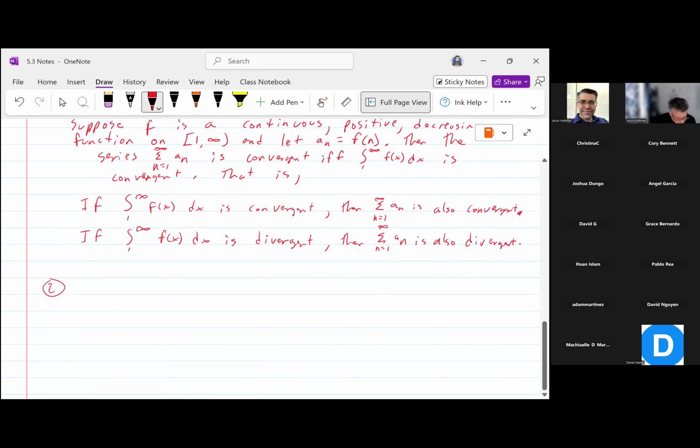Okay, number 2. Test the series n equals 1 to infinity of 1 over n squared plus 1 for convergence or divergence.